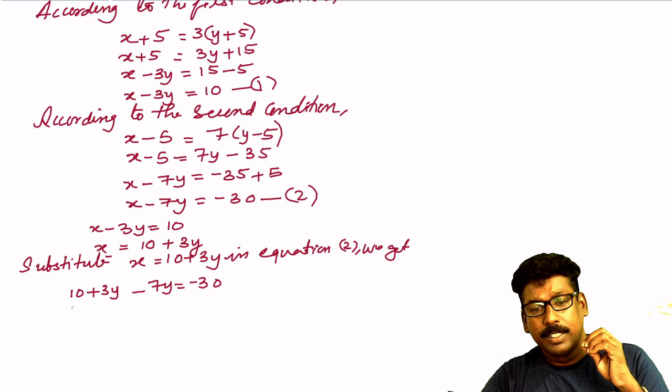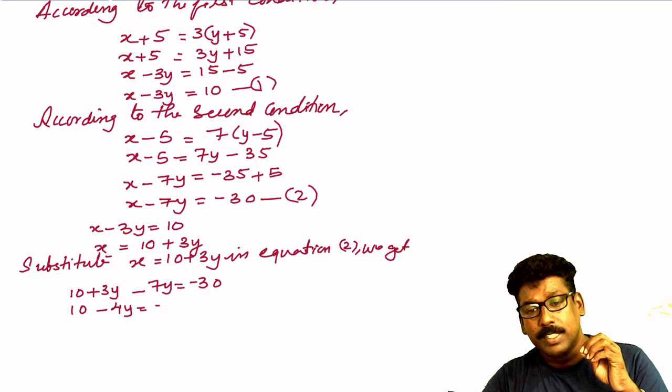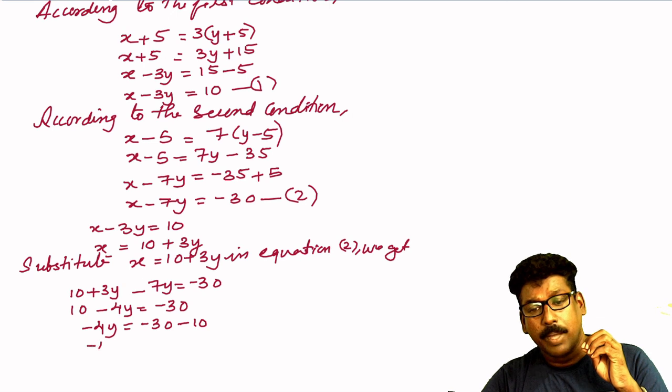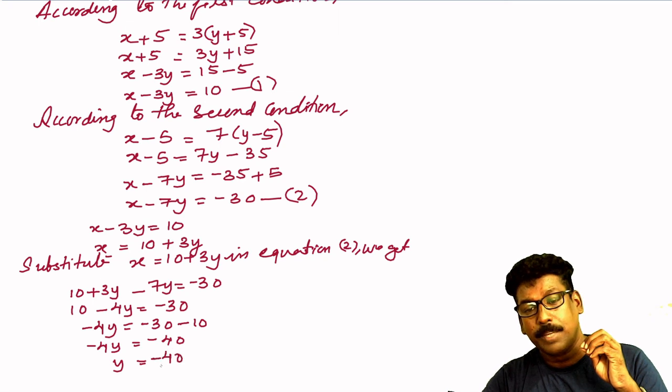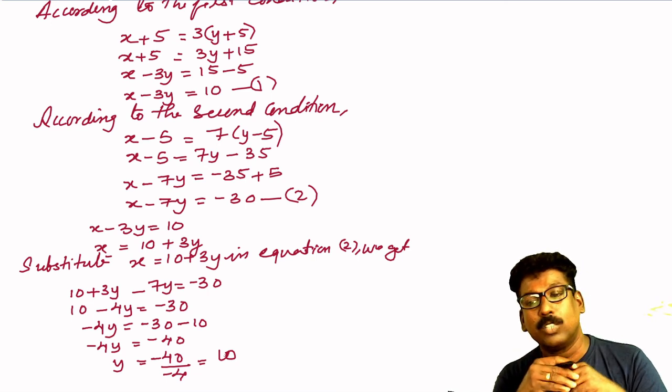That is 10 plus 3y minus 7y, which is minus 4y, is equal to minus 30 minus 10, that is minus 4y is equal to minus 40. Y you will get as minus 40 by minus 4, that is 10. That is y is equal to 10.